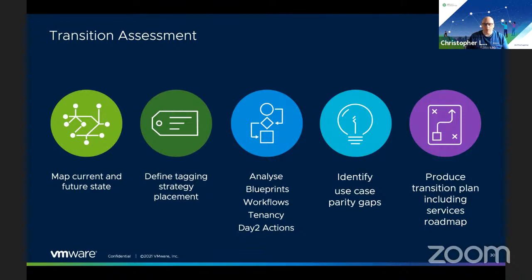Really understand the services that you want to provide. That allows you to identify those gaps that may be in the product, and then produce a transition plan to either fill those gaps or include new services as well. So it might be that, oh, I can't do this right now, but I know it's coming, or at the moment I'm getting lots of requests for AWS blueprints, but we don't do that right now, but we could.